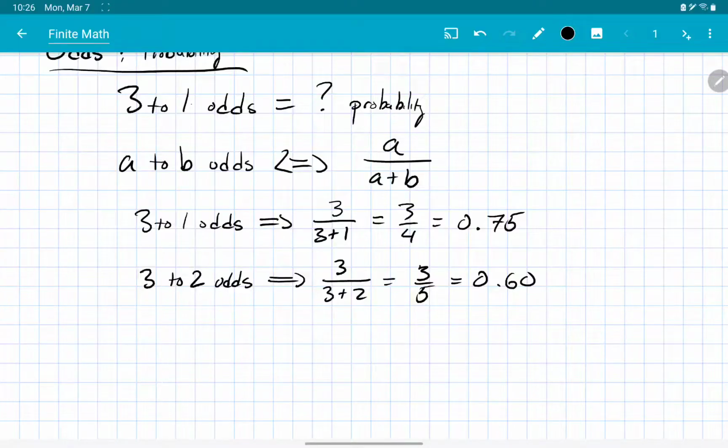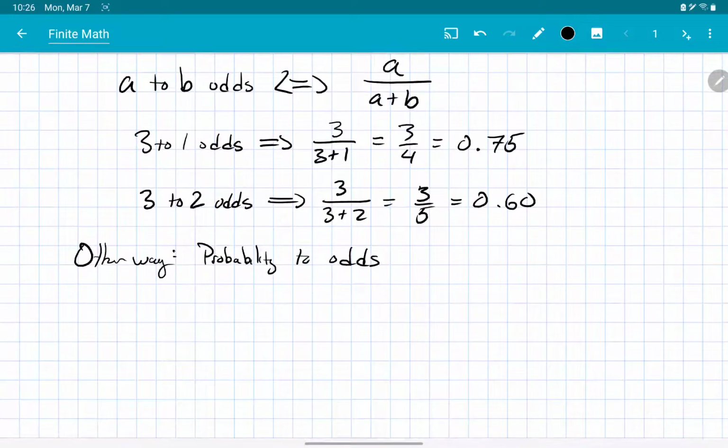Okay, now the question is how to go the other way. From probability to odds. This is a little more difficult.